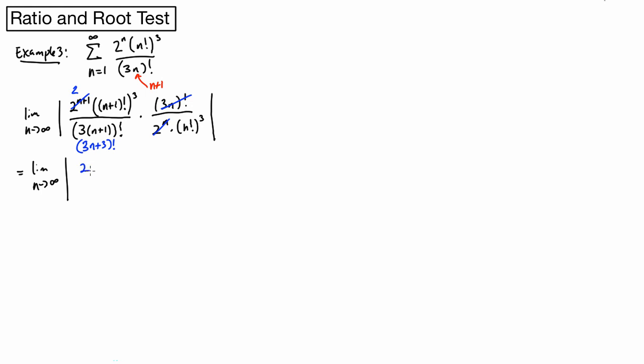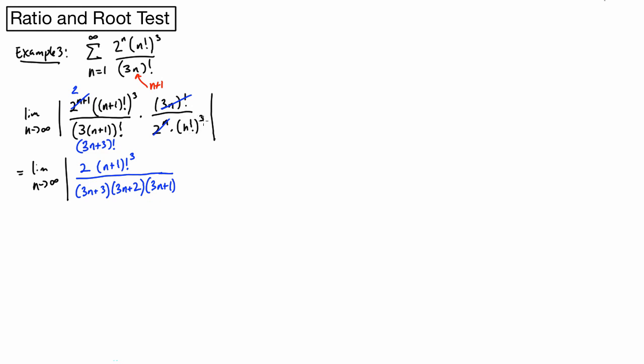Well, I know I've got a 2 left in the numerator, and I know I've got an (n plus 1) factorial cubed. But in the denominator, I've got 3n plus 3 as the first term of that factorial. The next one would be 3n plus 2. The next one would be 3n plus 1. And then the term after that would be 3n. But the 3n from that point down would cancel with the (3n) factorial that's here. So the only terms that would survive would be these.